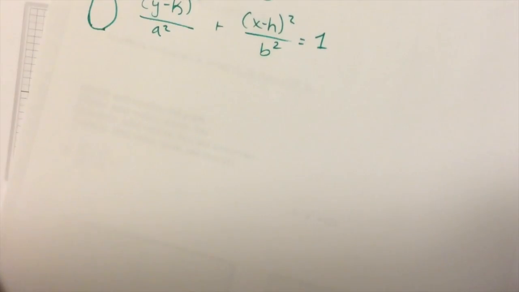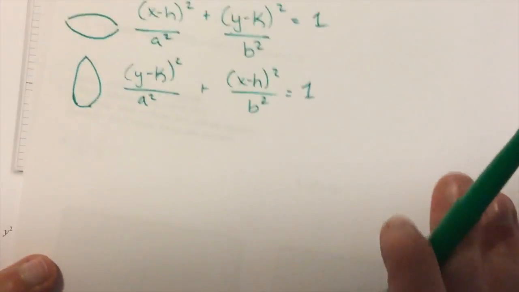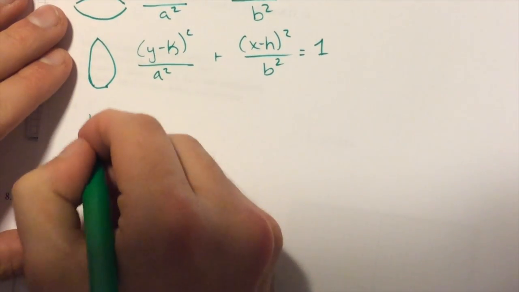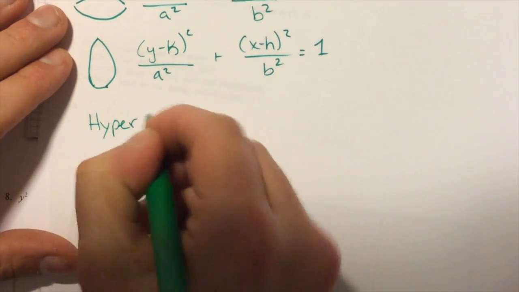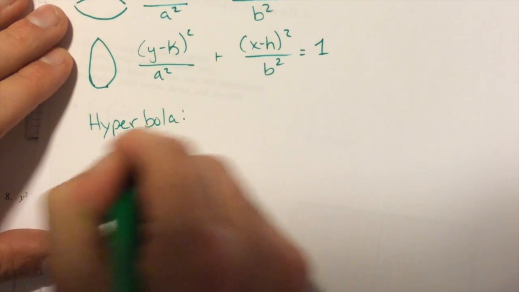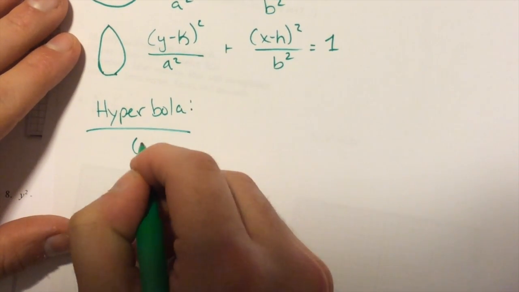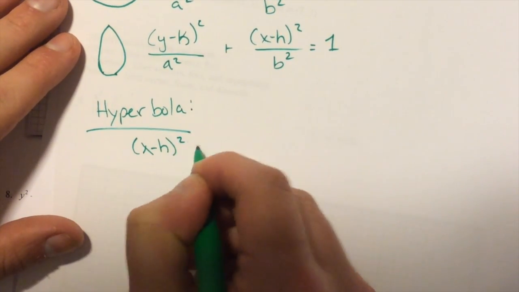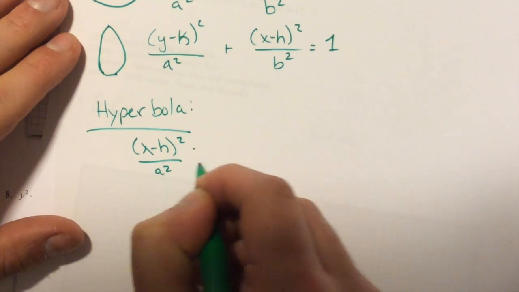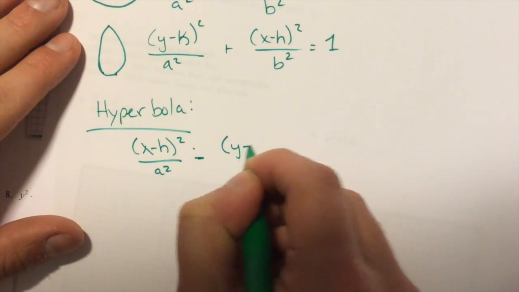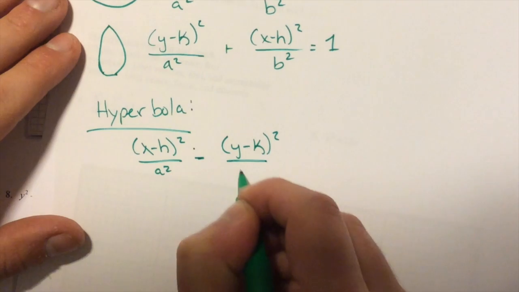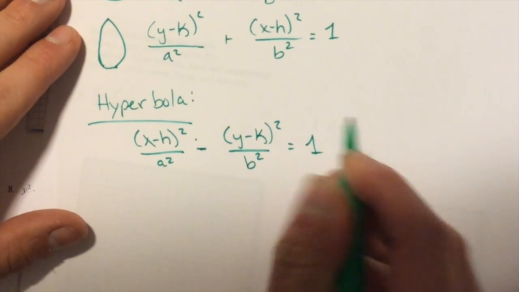Third shape that we have, hyperbola. These are the ones that we talked about the other day. That's when we have either (x minus h) squared over a squared minus (y minus k) squared over b squared equals 1.